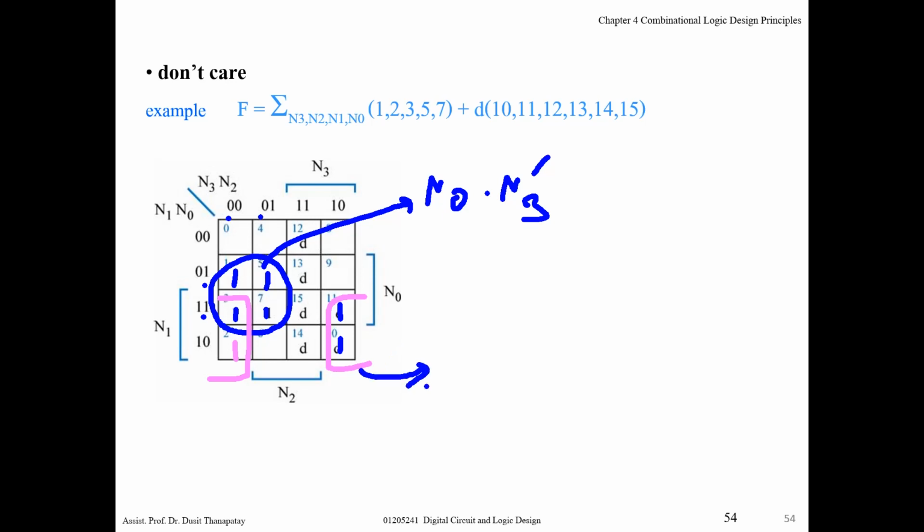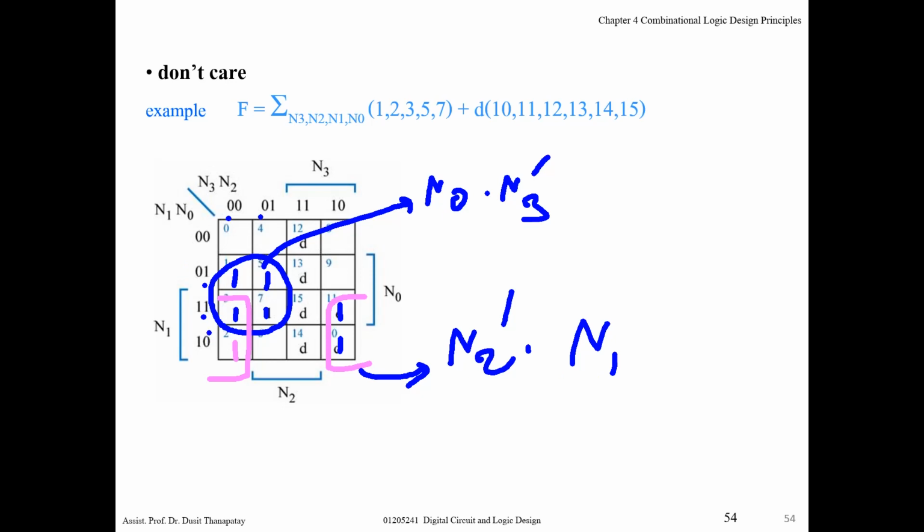So if I select these 4 cells, the product term of these 4 cells is what? N3 is 0 and 1 here, so it disappears. N2 is 0, so n2 prime. N1 is 1, so n1. N0 is 1 here and 0 here, so it disappears.